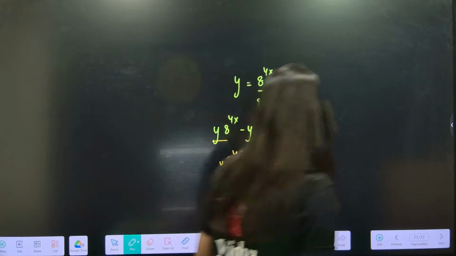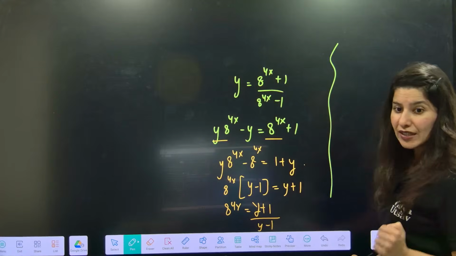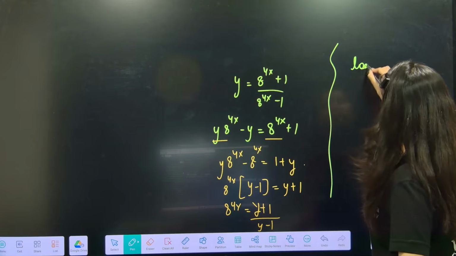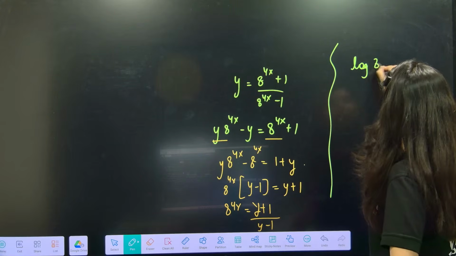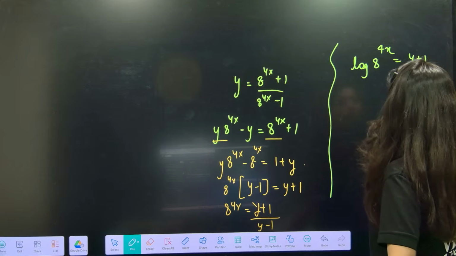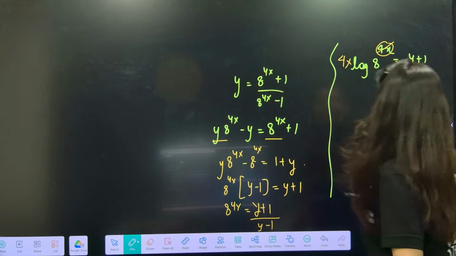Okay. All right. Now I told you, for 8^(4x) you have to take logarithm. So log of 8^(4x) is equal to log of (y plus 1) upon (y minus 1). This 4x will come in front.